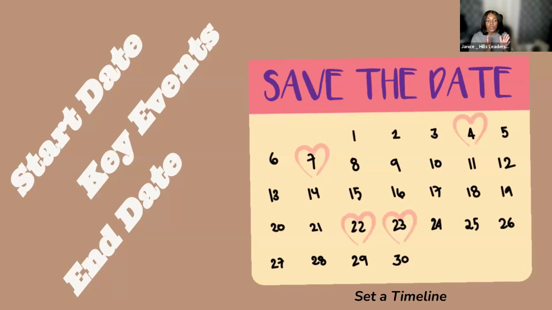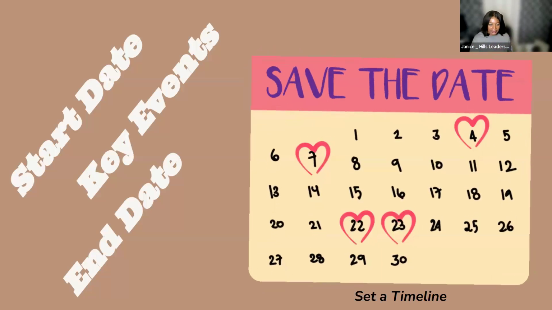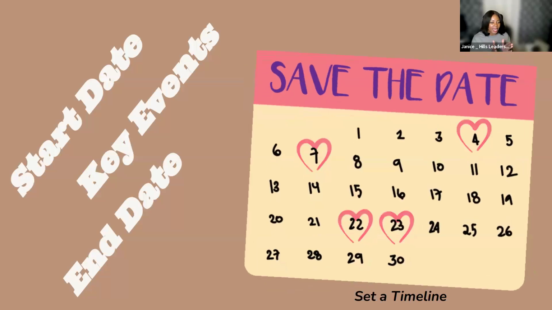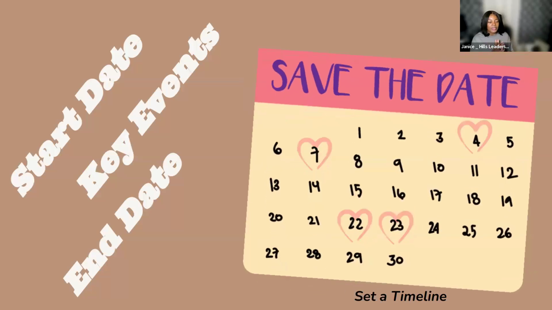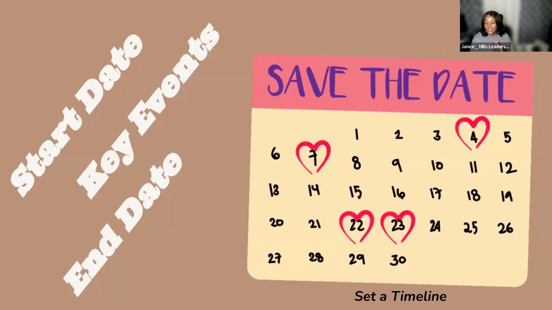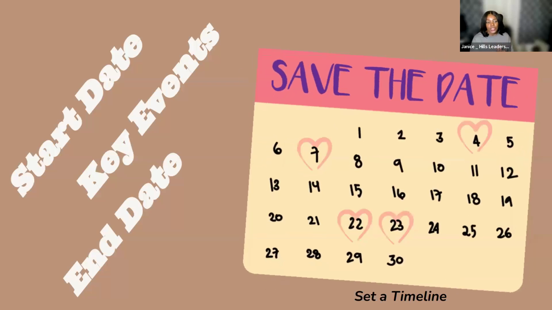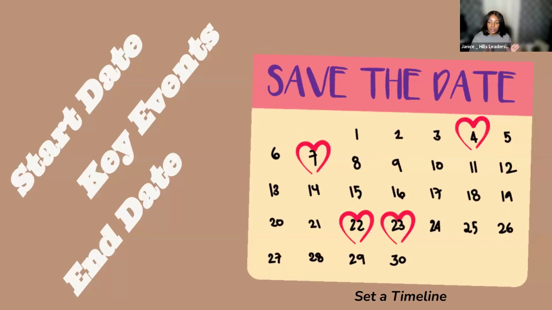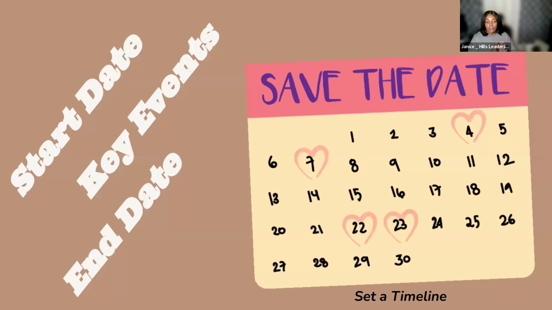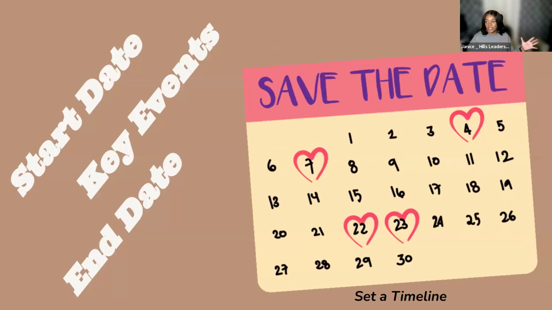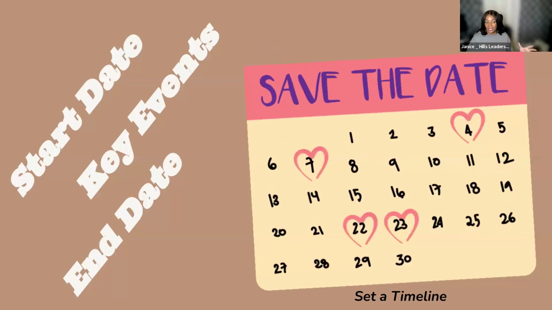So stay organized and avoid any last-minute scrambling if you can. You want to deliver timely messages that resonate with your audience, create urgency that drives action, and make sure it aligns with the broader marketing strategy for cohesive branding.